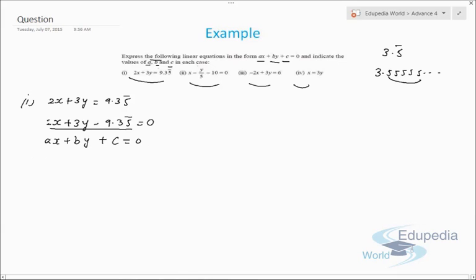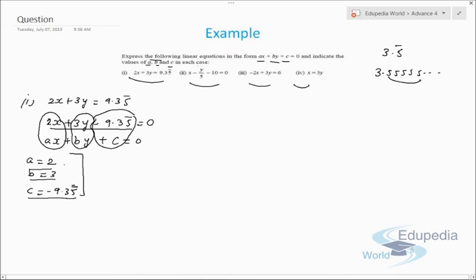Now if we compare these two equations, we get a as 2, b as 3 and c as minus 9.35 bar. How? We have to compare each individual term with its like term, this term with this term, and this term with this, to find the values of a, b and c.